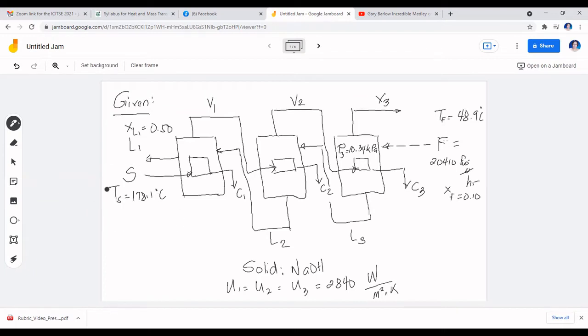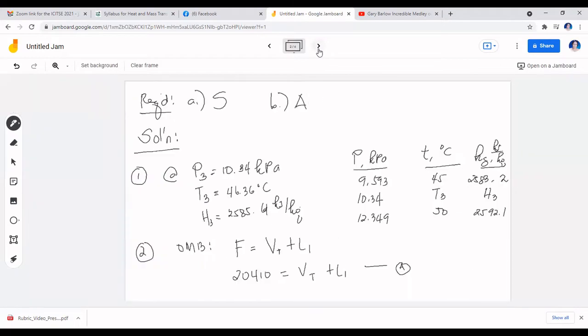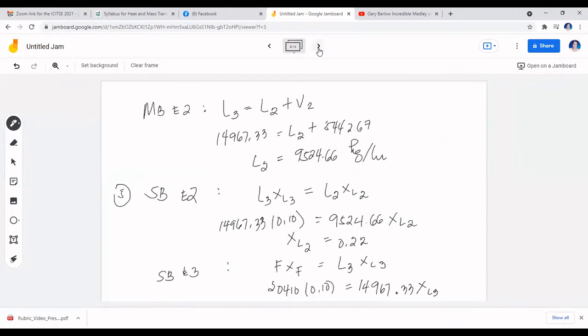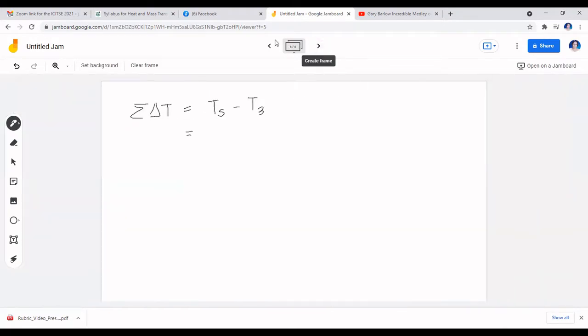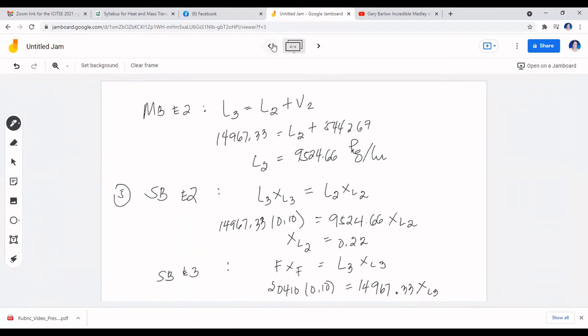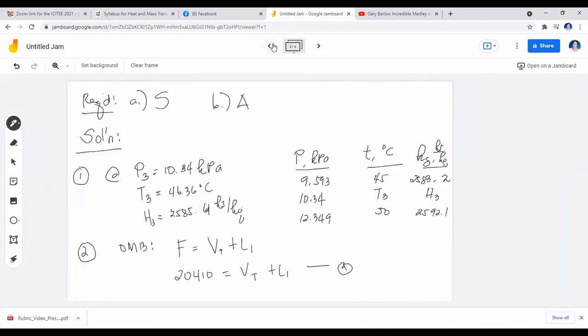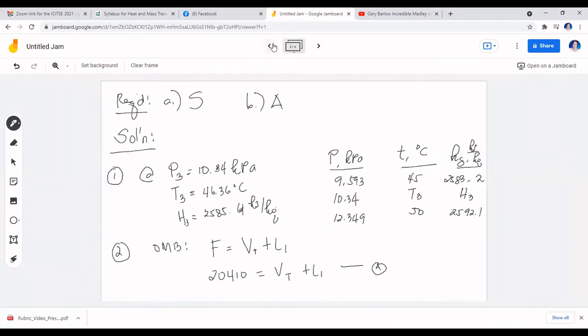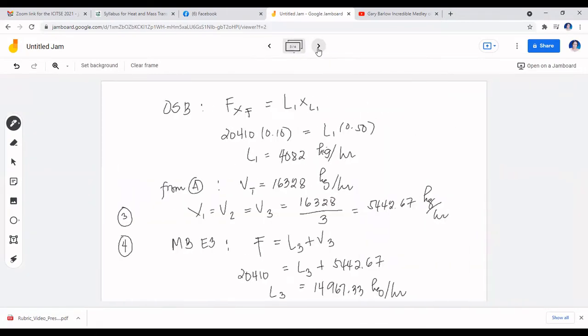So this time our problem gives us the temperature of our steam. So we can use it here. So good, we will not have to go back to the steam tables and find the steam temperature. So 178.1, and then we have T3, 46.36.